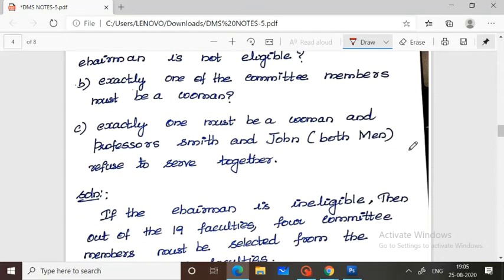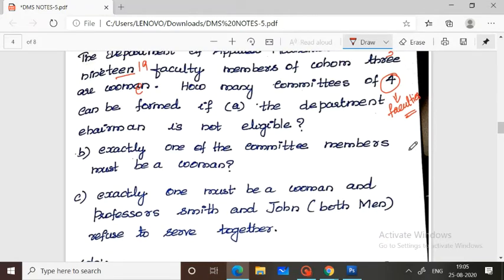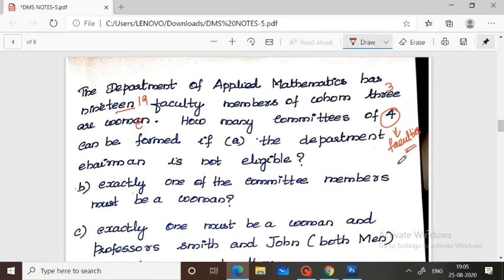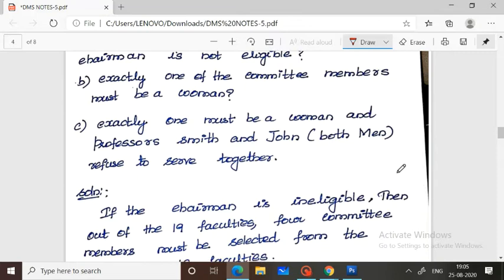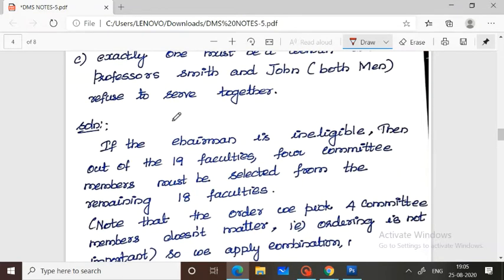Therefore, how will you write the answer for this question? This is a little bit confusing, but it's easier. It is an easy calculation. So for the Department of Applied Mathematics, if the chairman is ineligible, note the total number of faculties is 19, in that 3 are women. 4 committee members have to be selected from here.